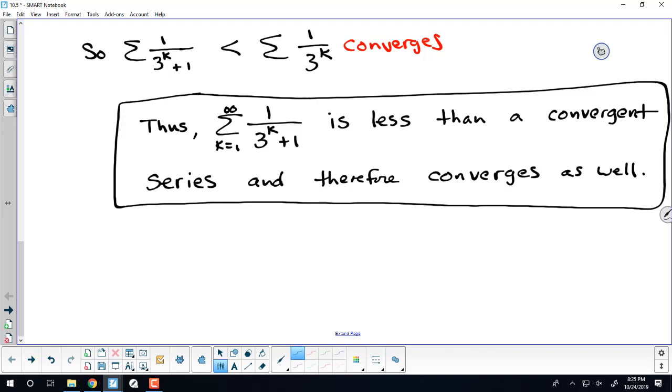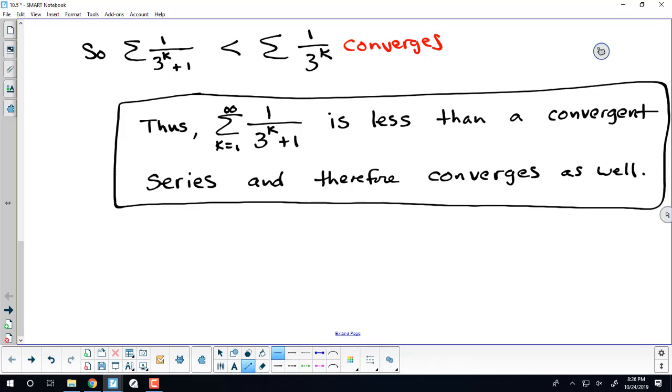If you had something really quite involved, like what if we had k cubed plus 2k squared minus 1 all over 3 to the k plus 1, and you were trying to compare that to 1 over 3 to the k, it's not a trivial thing to say which one's smaller or larger. Maybe that was a bad example, but you could see certain situations where establishing that inequality is not very straightforward.